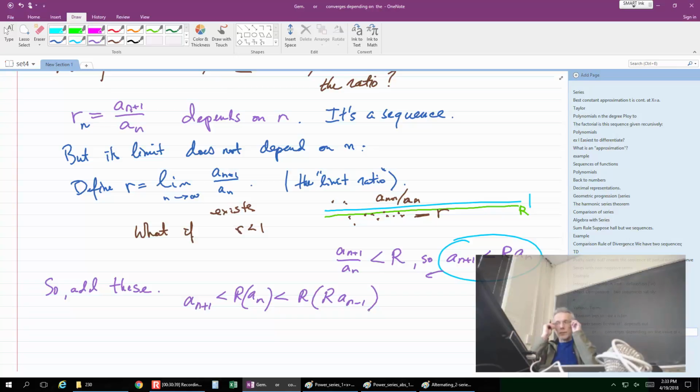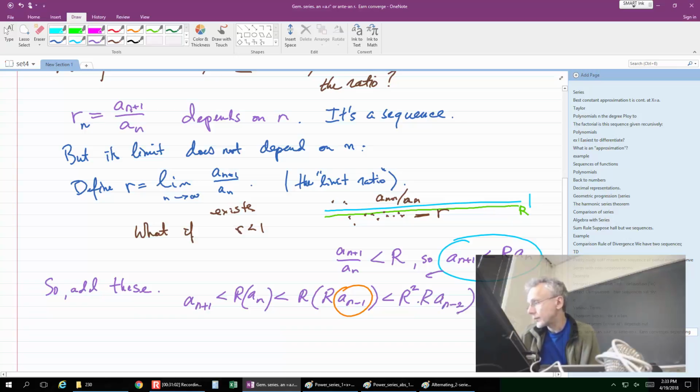So we are moving backwards, trying to find the very first element of the sequence in that manner. We keep doing it, so now the next one I concentrate on, and I have R squared times what's left there, a_{n-2}.